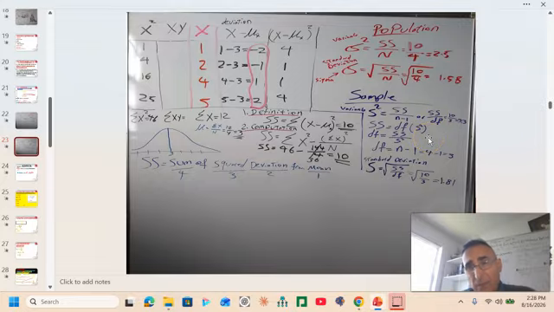DF is n minus 1, n is 4, minus 1 is 3. So 10 divided by 3 is 3.33. That's the variance for the sample. And if I ask for the standard deviation, the square root of 3.33 is 1.81 at the bottom.